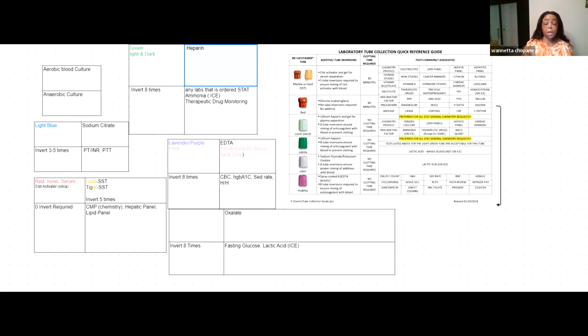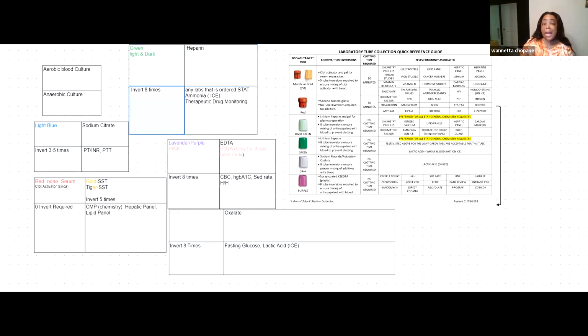Well, technically the blue top tube and the tiger top tube are okay, but you under inverted the green top tube because it should be inverted 8 times. I just wanted to be sure you all understand that. So you can invert them together, but go ahead and invert them the full 8 times and be done. Okay, so our green heparin tube is inverted 8 times.